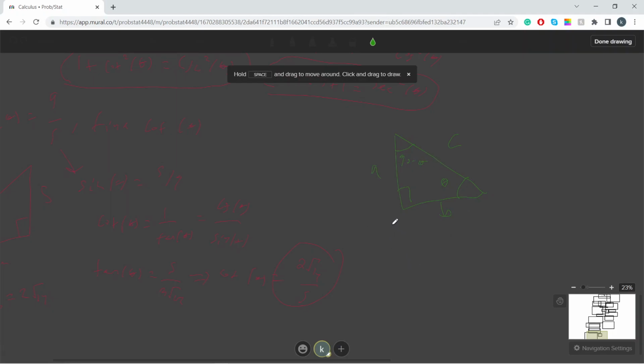And already you see the following: just from first glance, sine of theta is A over C, but that's also equivalent to the cosine of 90 minus theta. And likewise, the cosine of theta is B over C, but if you look at the picture, that's the same thing as sine of 90 minus theta.